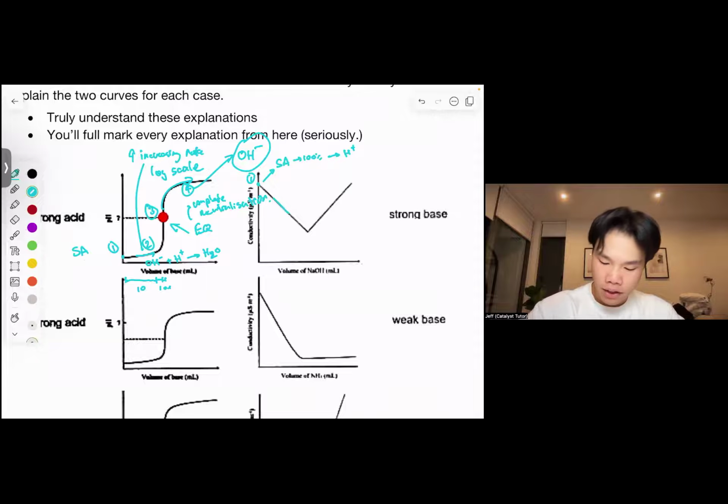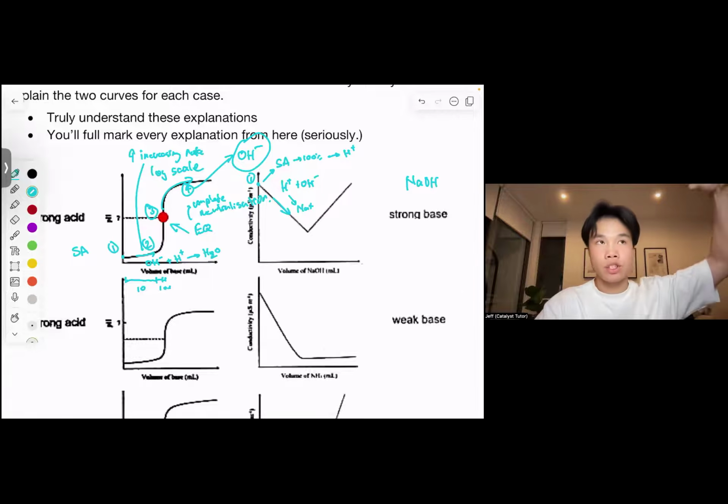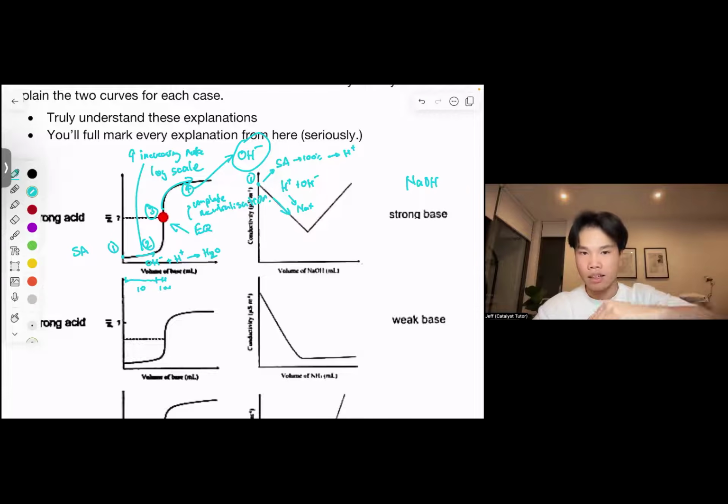As you add base, you are reacting that H plus with OH minus, and you're essentially exchanging H plus for Na plus, whatever it is you might be adding in NaOH, which is a much bulkier charge carrier. And so your conductivity starts to decline at a linear rate.